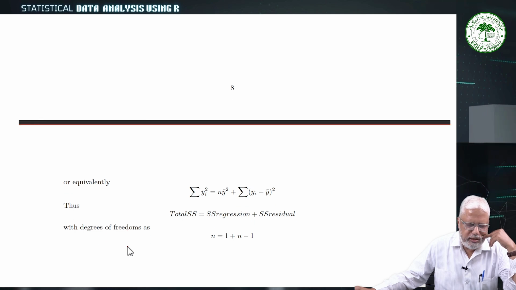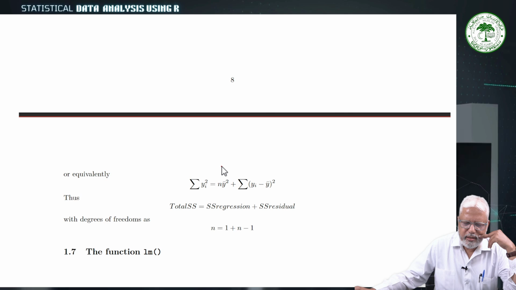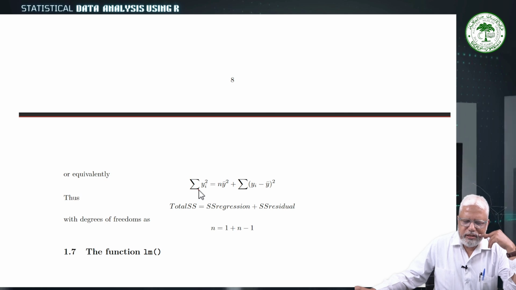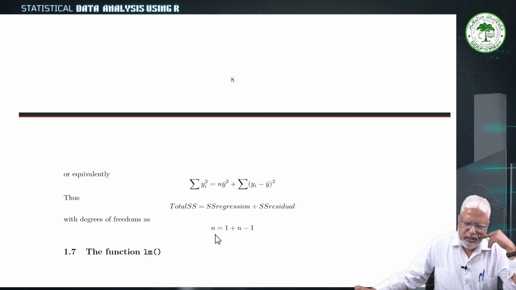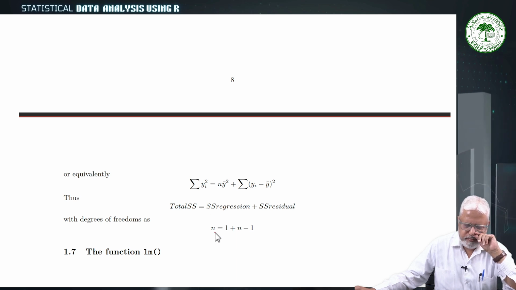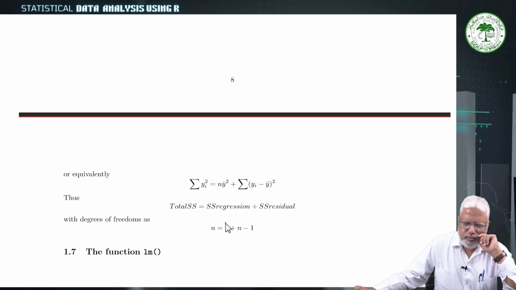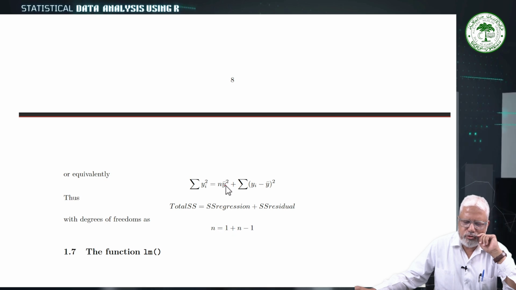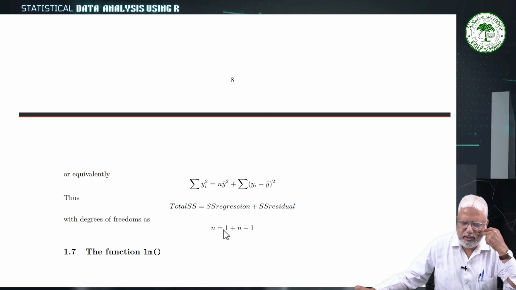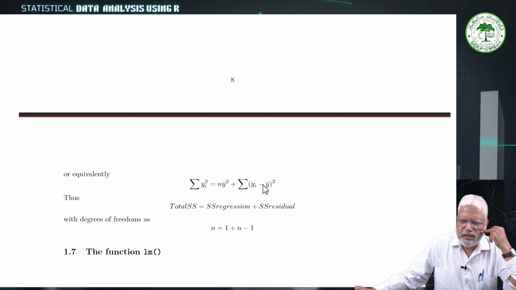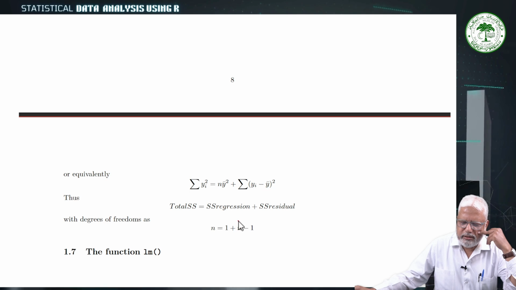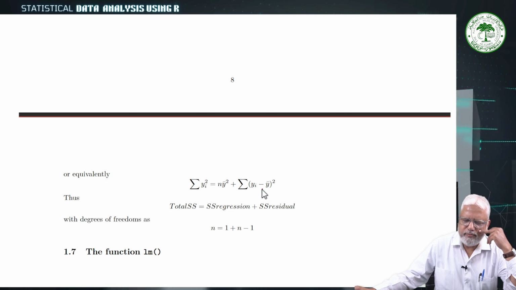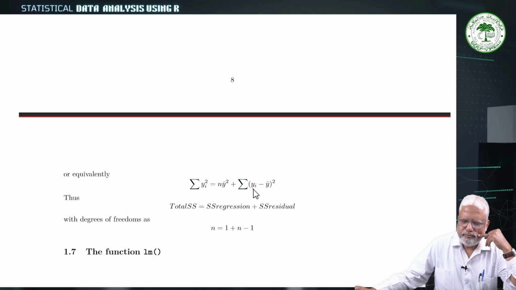With degrees of freedom as, actually degrees of freedom is nothing but how many ways we can choose y. There are n ways. So it is n. And how many ways we can choose this y bar, that is only one way. And how many ways we can choose this yi minus y bar, that is n minus 1 ways, because there is a restriction with these.